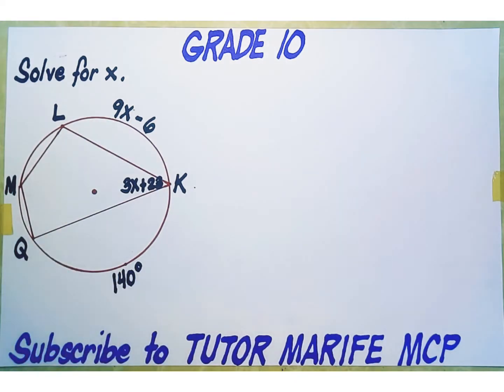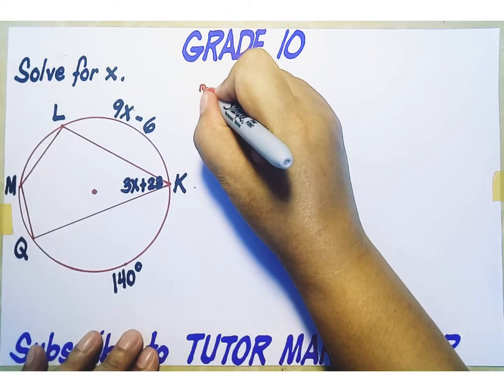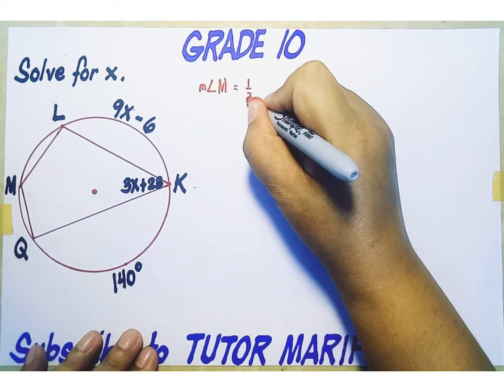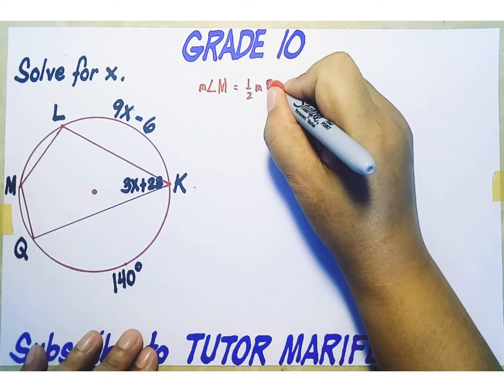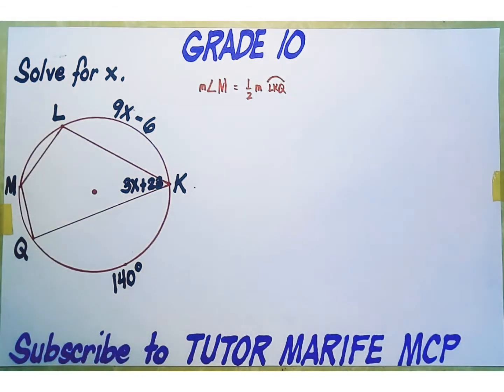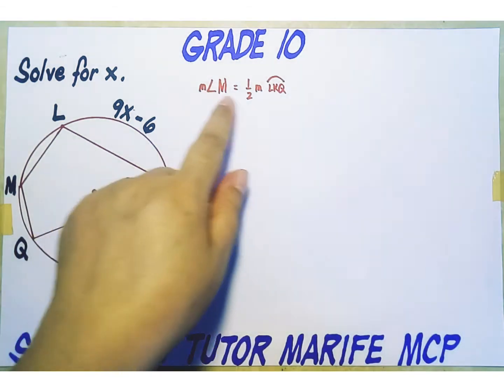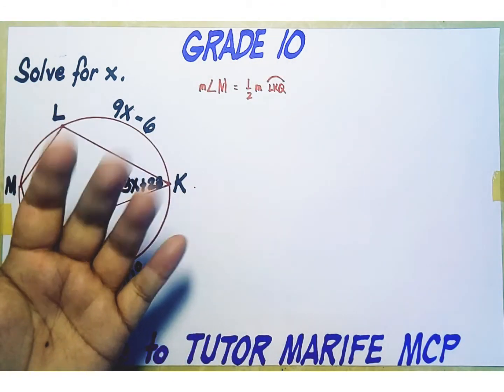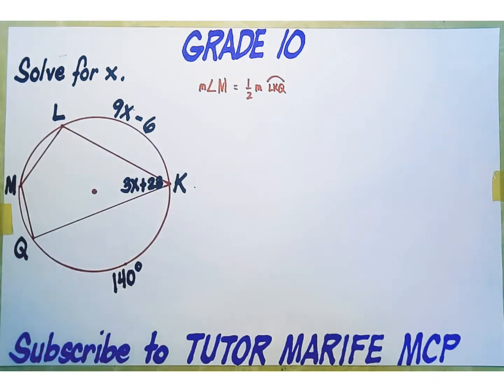Using the theorem, measure of angle M is equal to 1/2 the measure of arc LKQ. Application of the theorem. The measure of an inscribed angle equals 1/2 the measure of its intercepted arc.